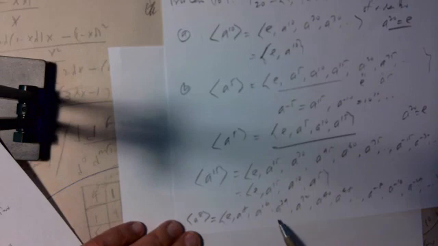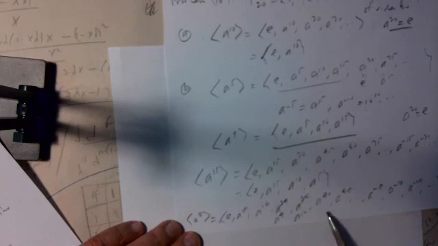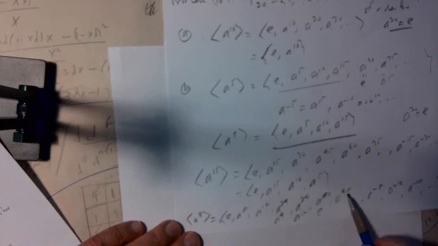But now a to the 24th, 24 is 20 plus 4, so this is the same as a to the 4th. A to the 32, 32 is 20 plus 12, that's a to the 12th. A to the 40th, that's the identity because 40 is 20 times 2. 48 is 40 plus 8, that's going to be a to the 8th and so forth.